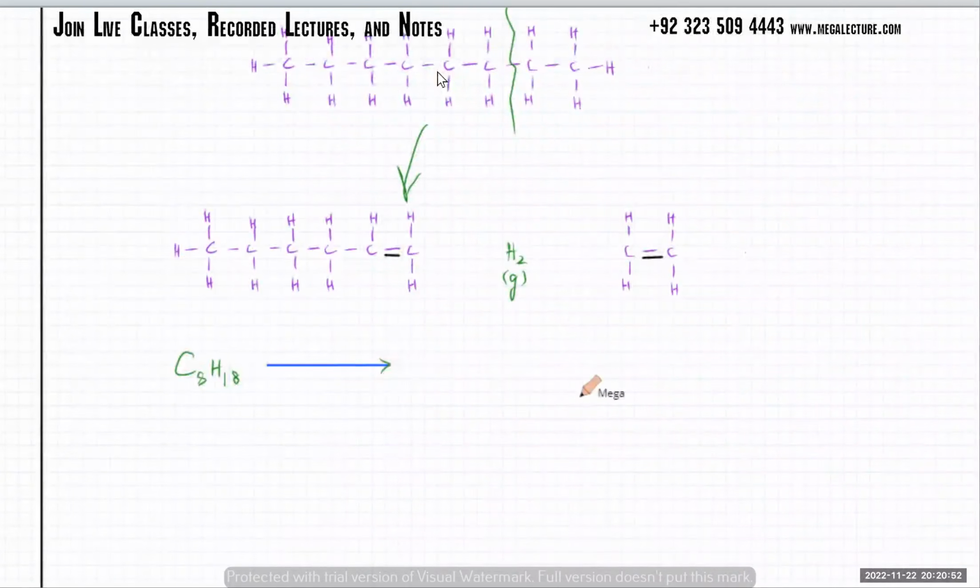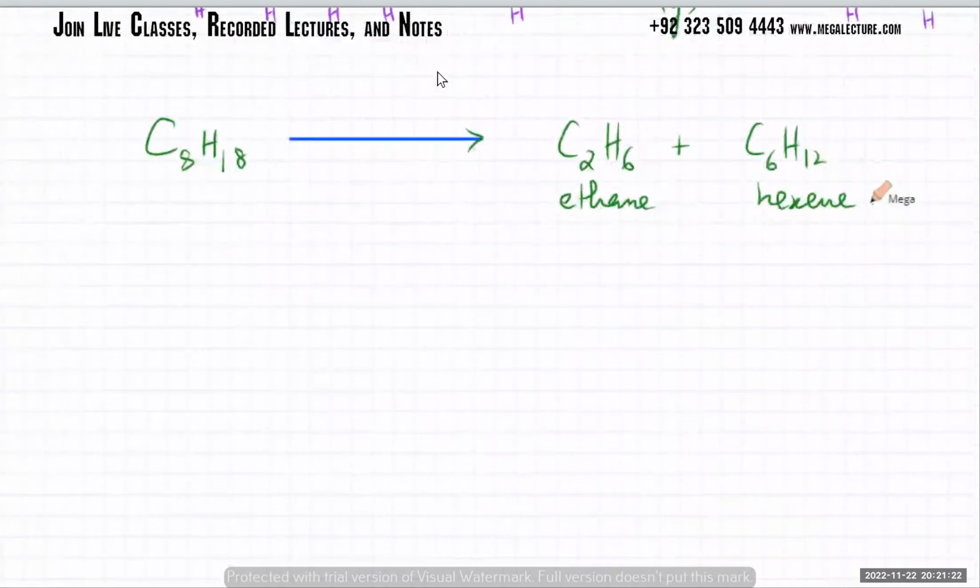So let's say it cracks and forms maybe an alkane C2H6 and maybe an alkene that has the rest of the 6 carbon atoms. You have to complete the hydrogens: that's 18, 6 are gone, so that's going to be 12. So I've got ethane and I've got hexene.